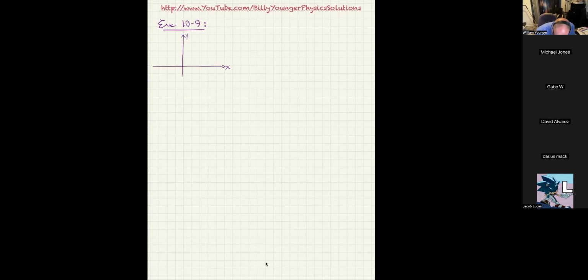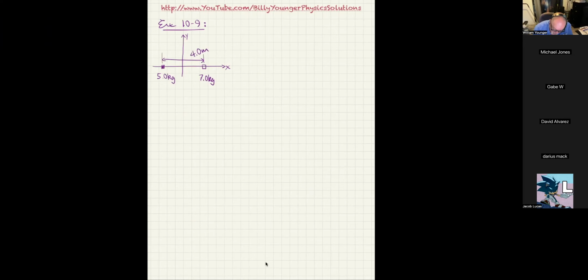Right here we have the mass of 5.0 kilograms, and right here we have the mass of 7.0 kilograms. The distance between them is 4.0 meters.